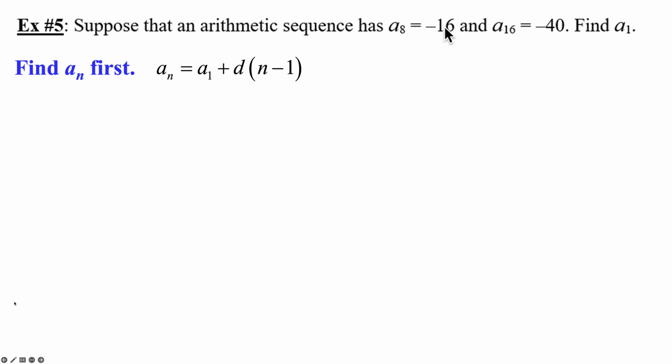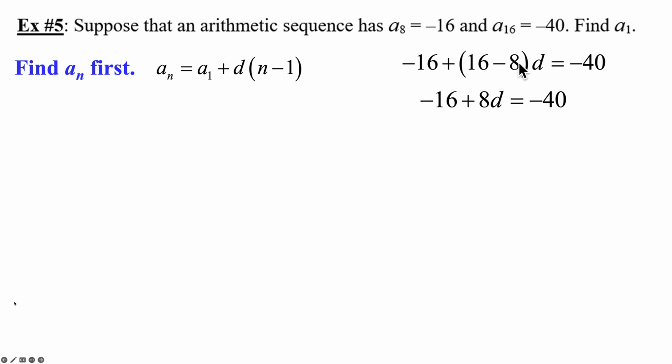So -16 plus, 16 minus 8 is 8, I need to add 8 d's to get to -40. So solve for d. Add over the 16, -24. 8d equals -24, divided by 8, d is -3. So that's how you can find your d.